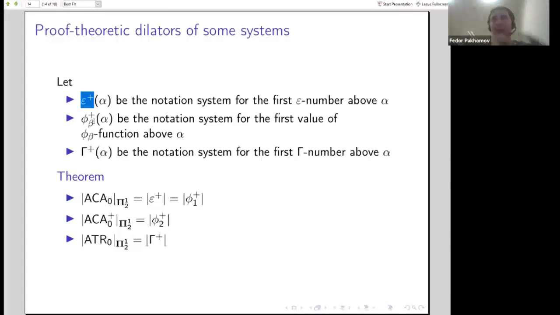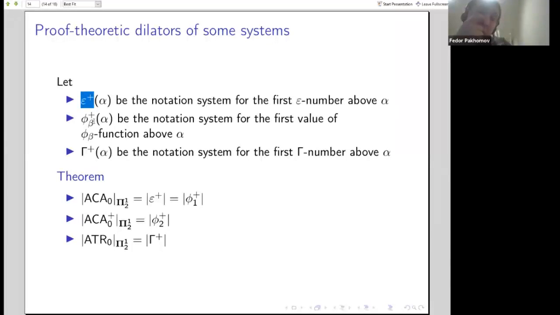What this means is that we consider this relativized notation system, where we have Cantor normal forms. And it's quite easy to give systems that will have this necessary order type. So we have a system with Cantor normal forms.